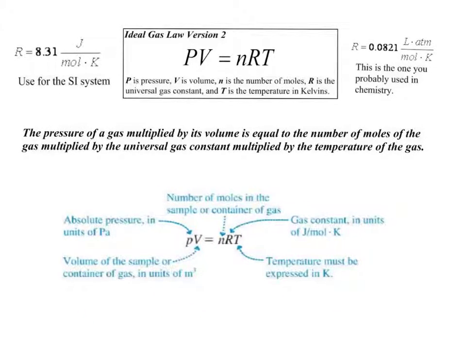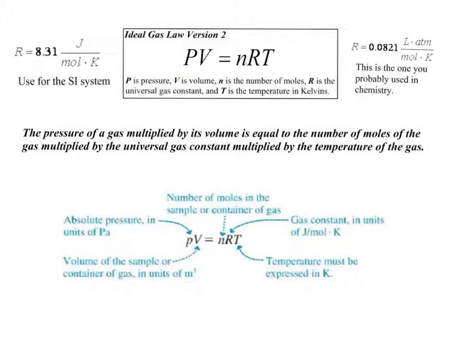Because the number of particles is really just the number of moles times Avogadro's number, we can rewrite the ideal gas law in terms of the number of moles, which is this one right here, PV = nRT, where this n is the number of moles of gas, and this R here is the universal gas constant. Temperature, again, is in Kelvin, and pressure, again, is absolute pressure in pascals.